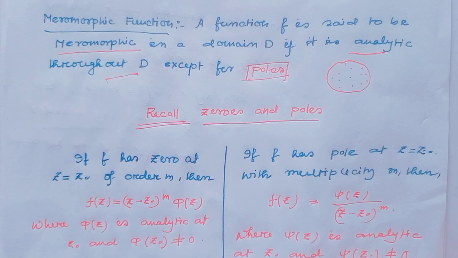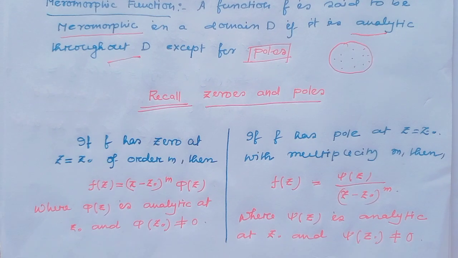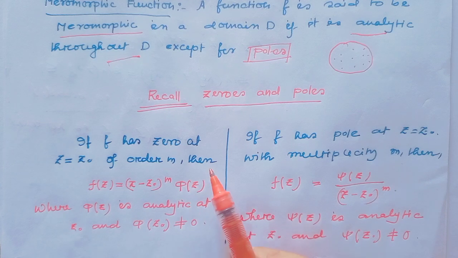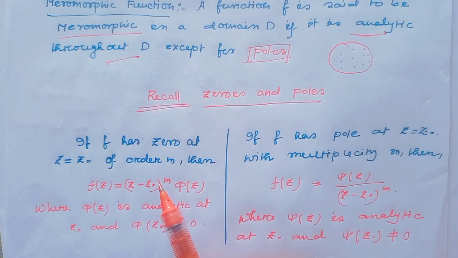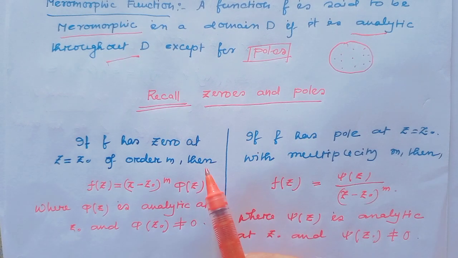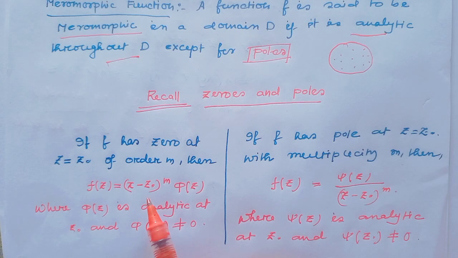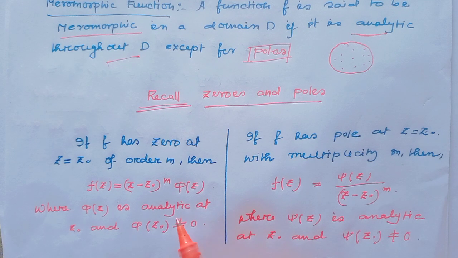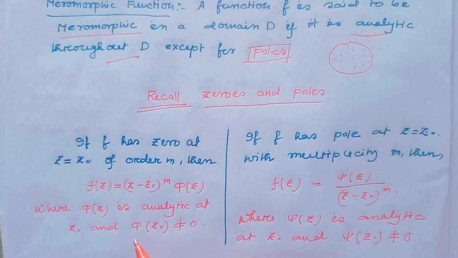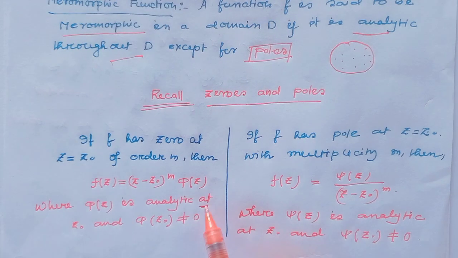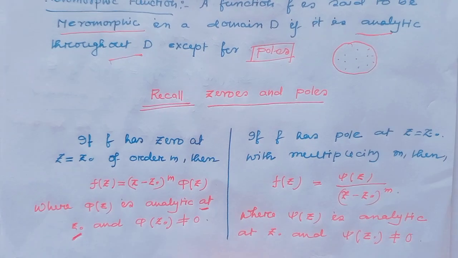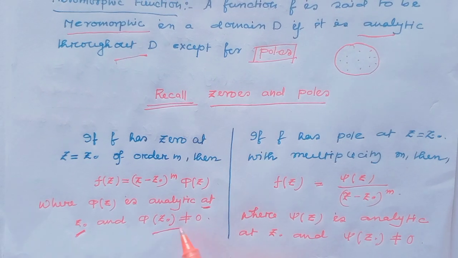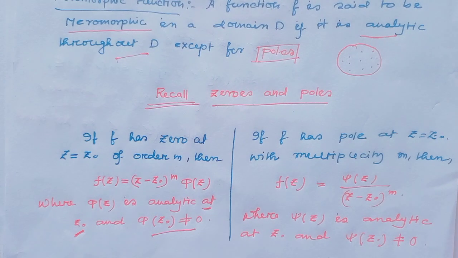For the argument principle, recall at first what zeros and poles are. If f has a zero at the point z equal to z0 of order m, then f(z) equals (z minus z0) to the power m times phi(z), where phi(z) is analytic at the point z0 and phi(z0) is not equal to 0.